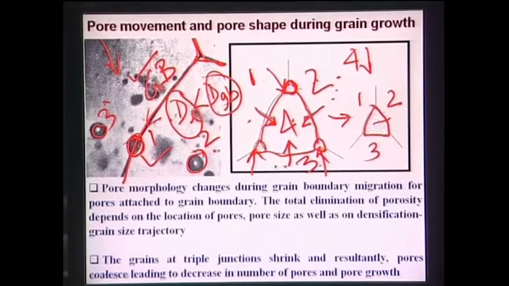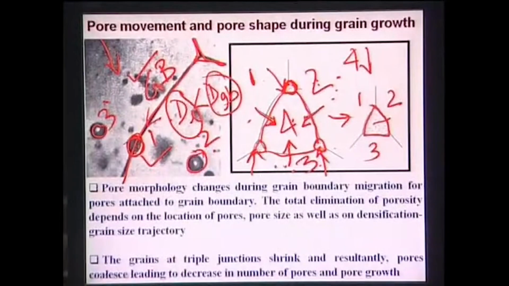Point number 2 is that if the initial grain size of 1, 2, 3 is 10 micron, at the end of the grain growth process the grains will increase in size, so it will no more be 10 micron. So you understand the physics of the process: during sintering, grain growth and pore growth both occur simultaneously, and that is also determined by the geometry or geometrical curvature of the grain boundaries.